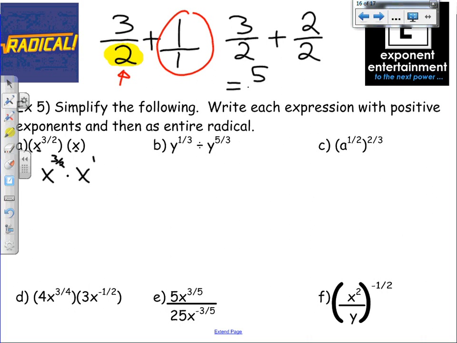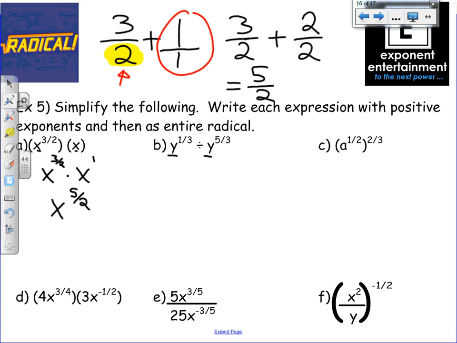What's our quotient law? Subtracting. When we have 2 bases that are the same and we're subtracting, you subtract the exponents. So we have y to the 1/3 divided by y to the 5th over 3.